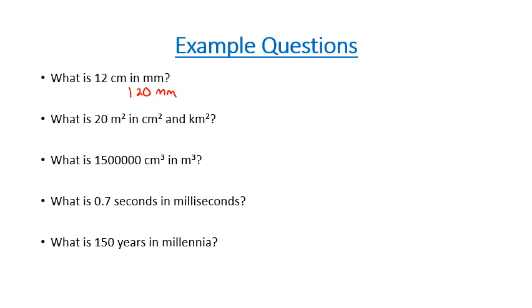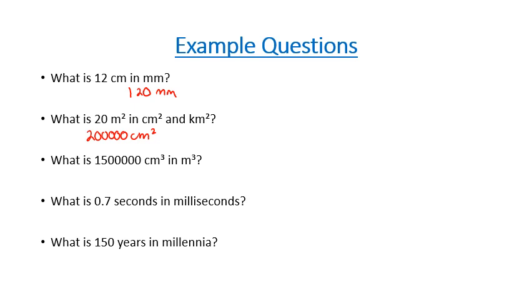Our second question is, what is 20 meters squared in centimeters squared and kilometers squared? Remember, if you're converting meters to centimeters, you need to times by 100, but this time we're going to be timesing by 100 squared. Now 100 squared is actually 10,000, so this becomes 200,000 centimeters squared. But if we are going to convert from meters squared to kilometers squared, normally from meters to kilometers we divide by 1,000.